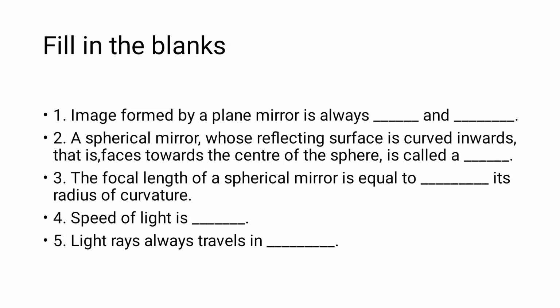Then third is the focal length of the spherical mirror is equal to dash its radius of curvature. As I have already told before, it is half. Okay, I told that important point, that the focal length of a spherical mirror is equal to half of the radius of curvature.